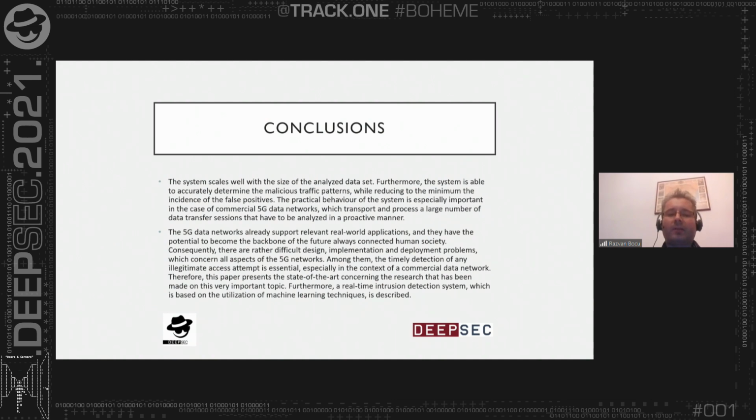If the rate of false positives is higher, then the system may get overloaded with data traffic packets or patterns that are not actually malicious, and it may become less responsive than we would like.